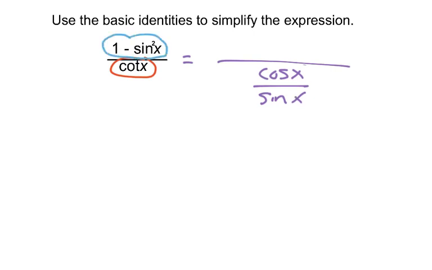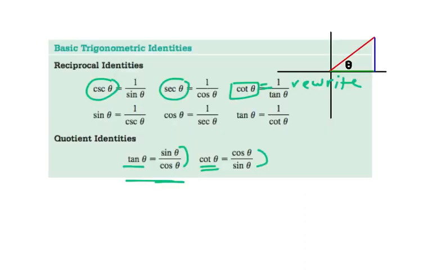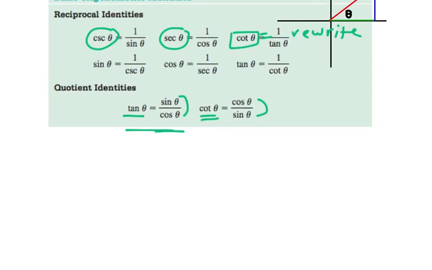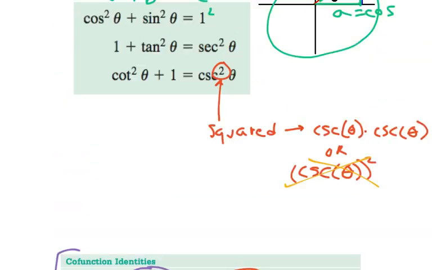Now this top piece here, you might think, oh, well, let's just write that as sine and sine instead of sine squared. But actually, if you see this 1, it is always a key implication or idea that you're going to use a Pythagorean identity.